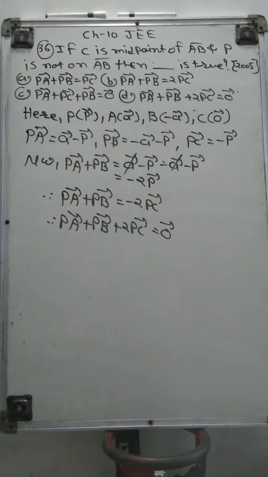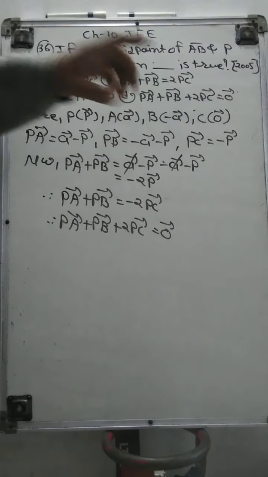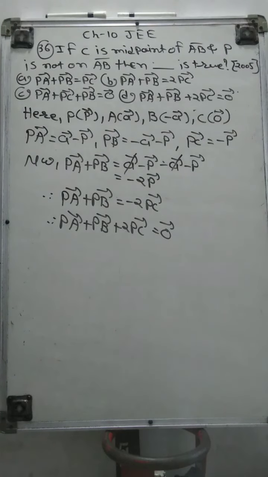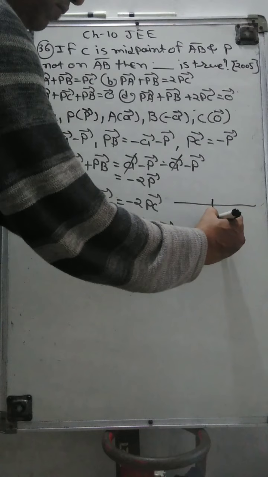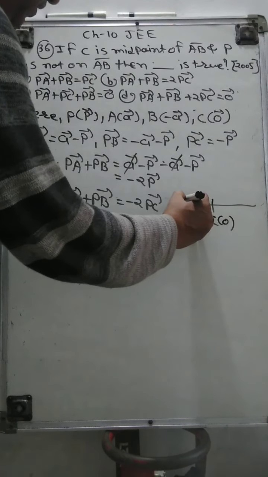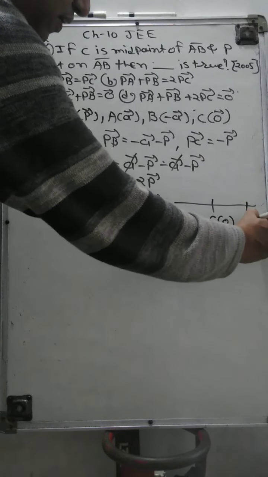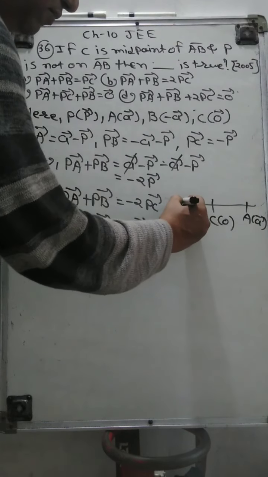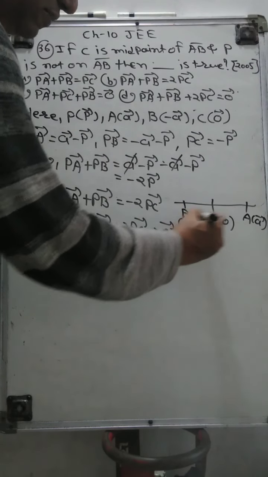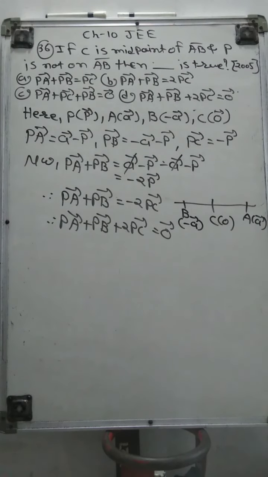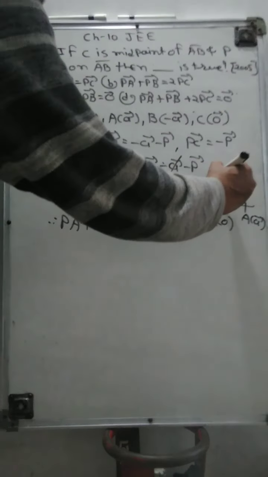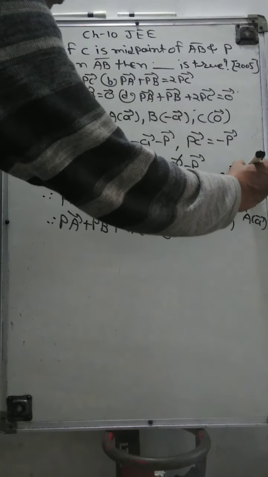One thing you remember, we choose all the elements in this way: C is in the middle, A is somewhere here, B is somewhere here, because C is the midpoint of line segment AB, and P is somewhere here, P bar.